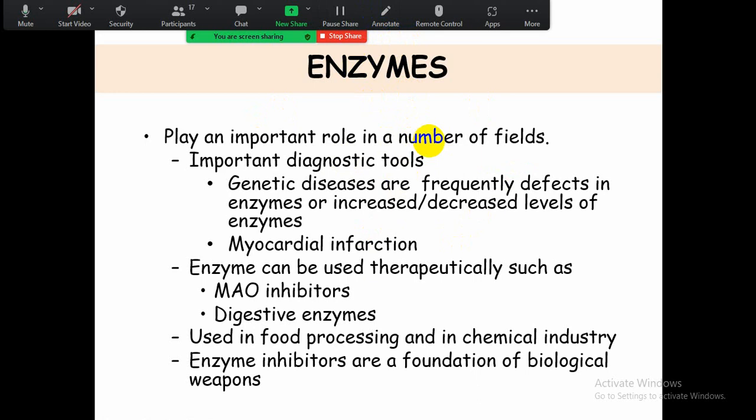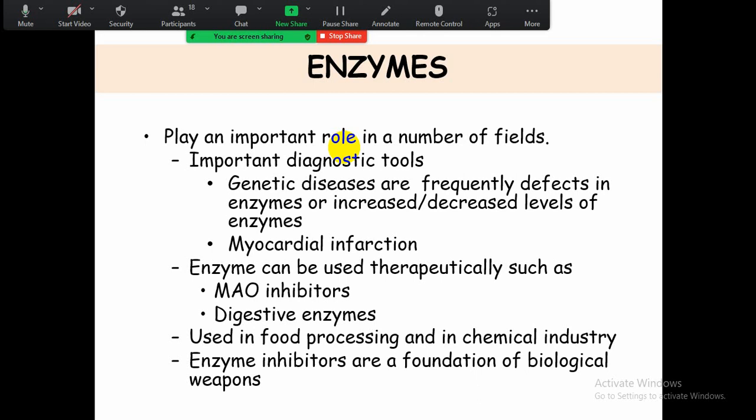For instance, in genetic diseases, when we are diagnosing genetic diseases, they have a high frequency of what? Enzyme defects. Either the enzyme level is decreased or the enzyme level is increased.